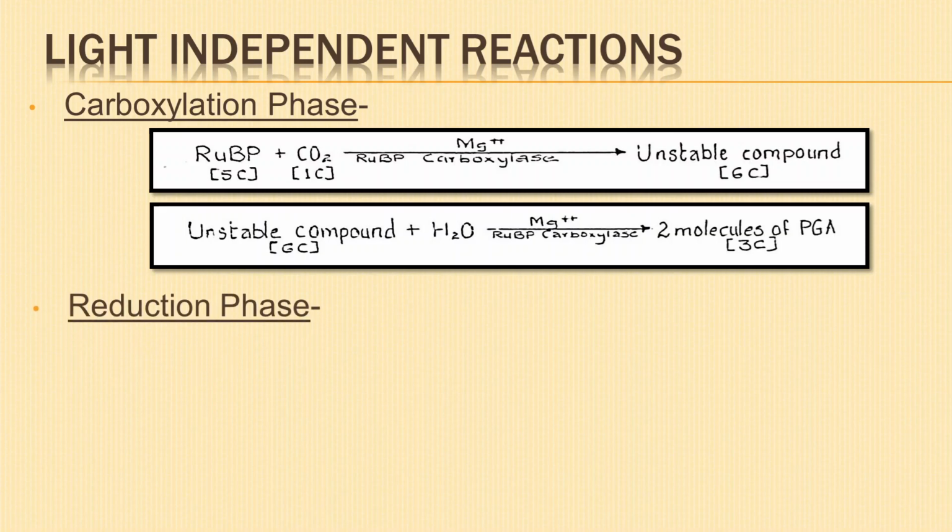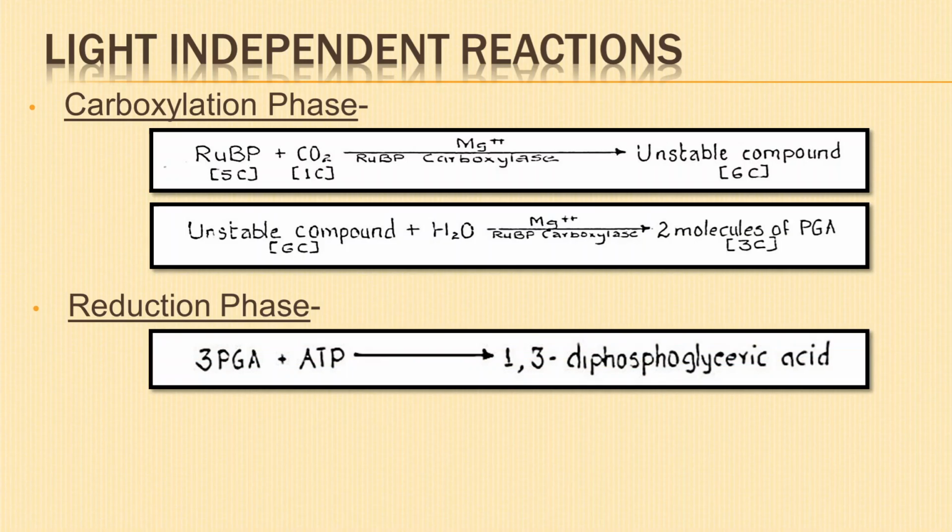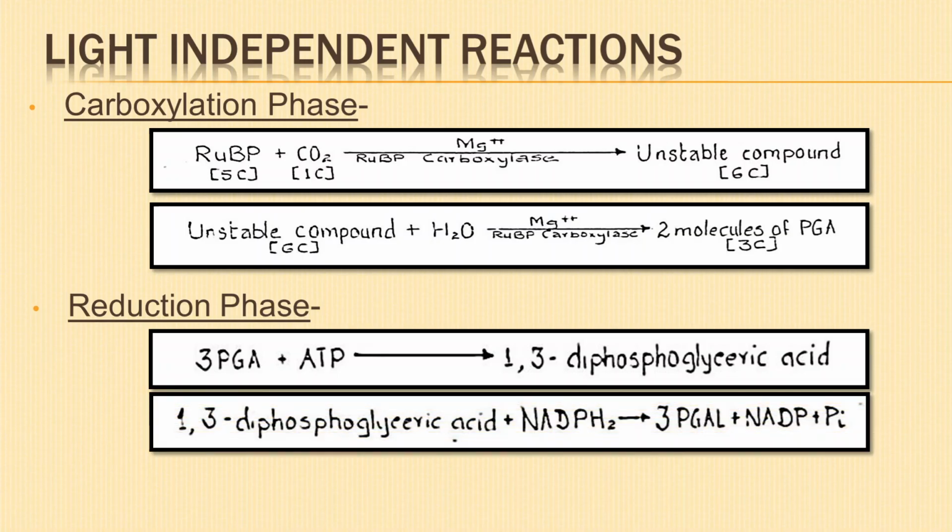Reduction phase. The phosphoglyceric acid in the presence of ATP produces 1,3-diphosphoglyceric acid, which is reduced to phosphoglyceraldehyde by using NADPH2.